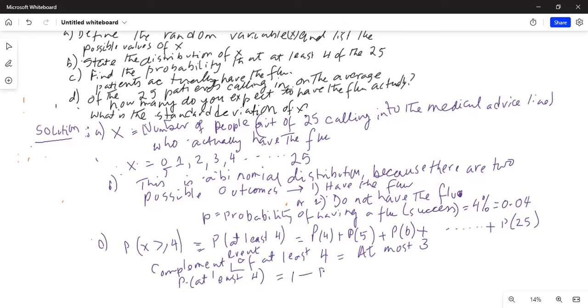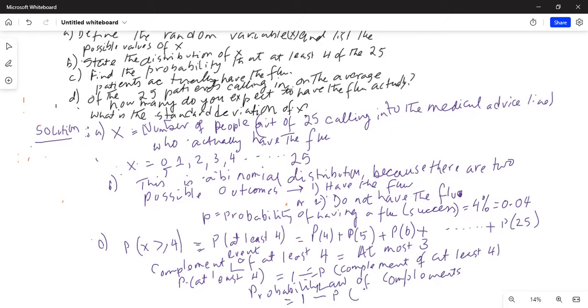The probability of at least 4 is 1 minus the probability of the complement of at least 4, which is equal to 1 minus the probability of X less than or equal to 3.